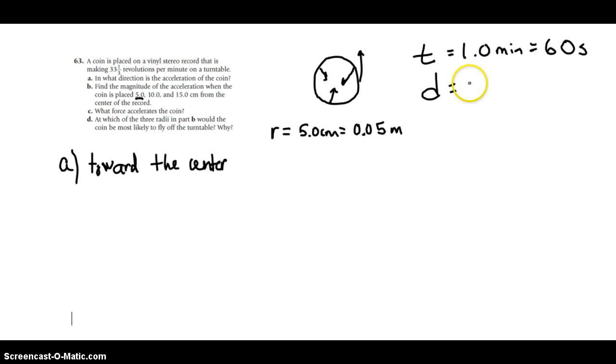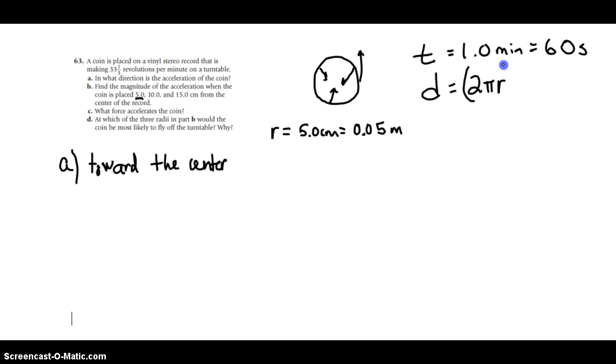So my distance is going to be that distance it travels in 60 seconds. How we're going to find that is it goes around 2 pi r for 1 revolution.